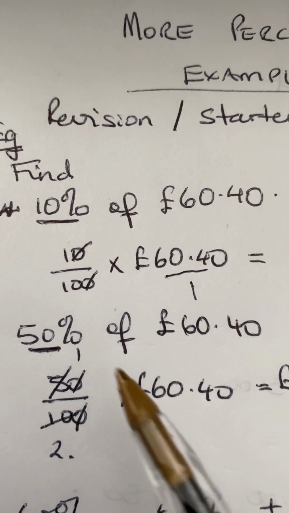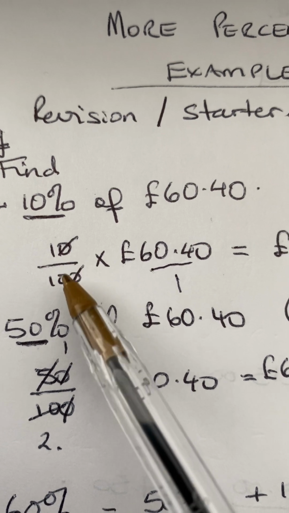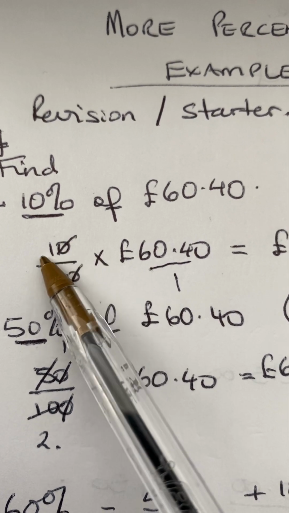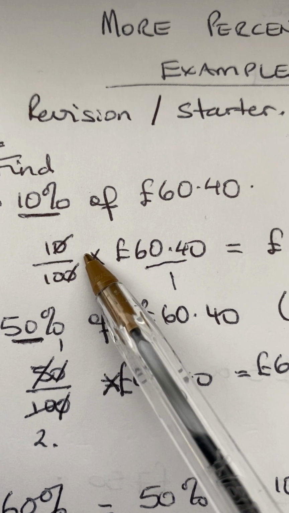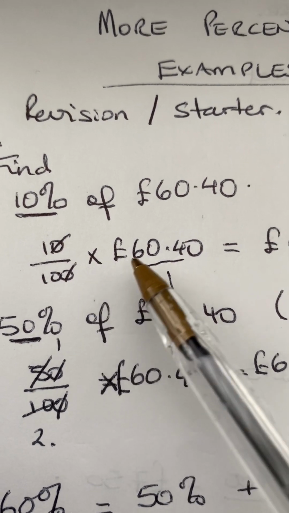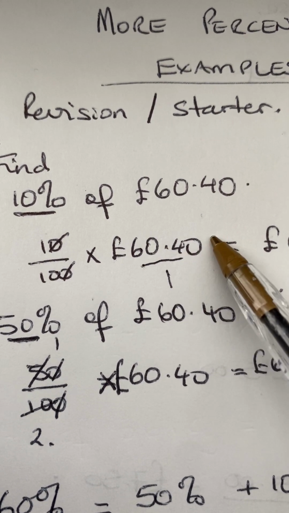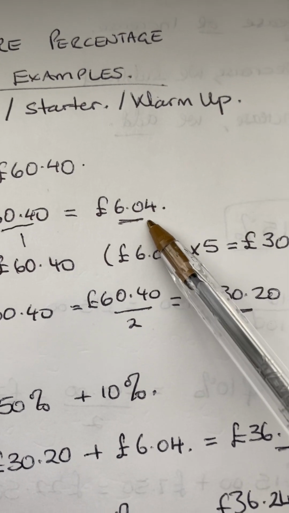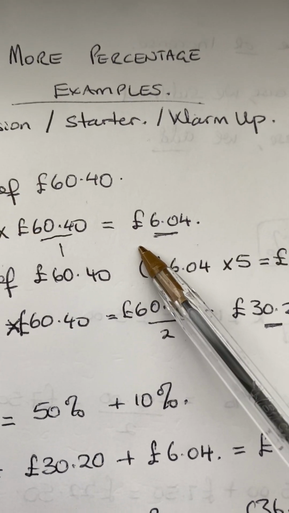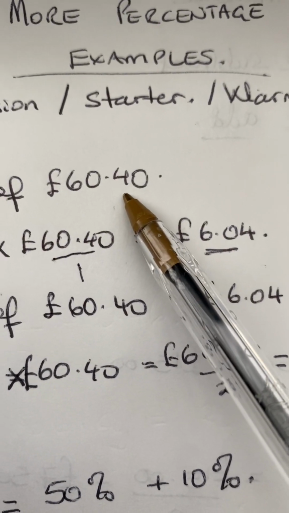So if you are using a calculator paper, you can find how many tens you have in 100, which is 10, and then you divide 60.40 over 10, which will give you £6.04.